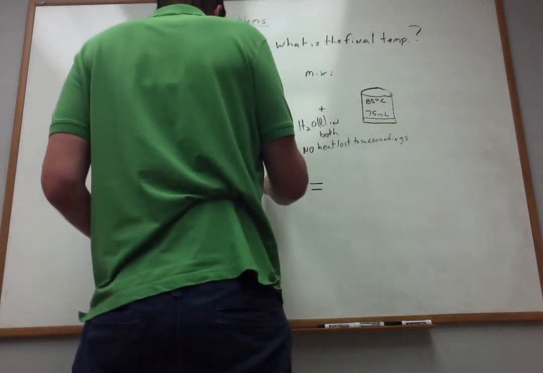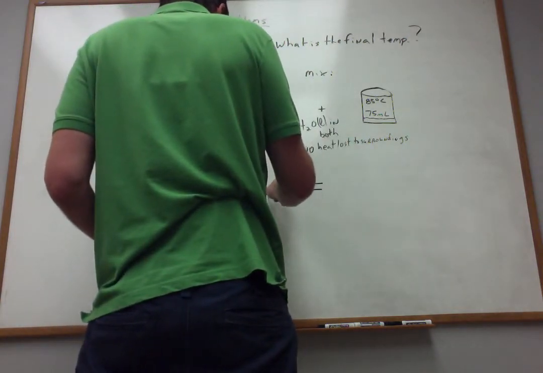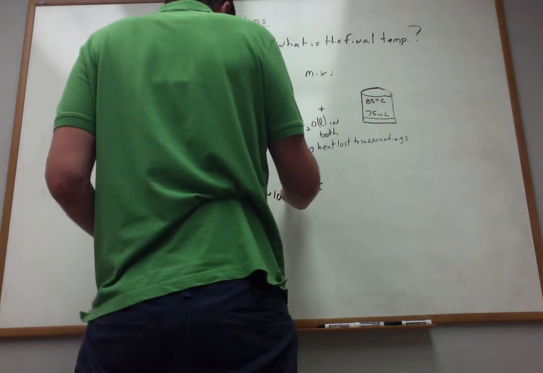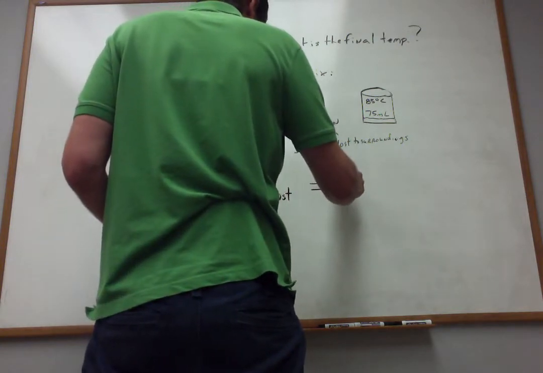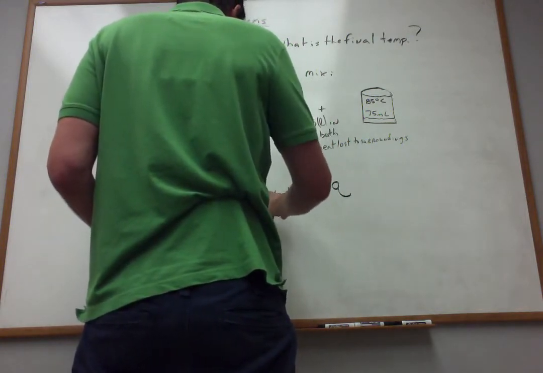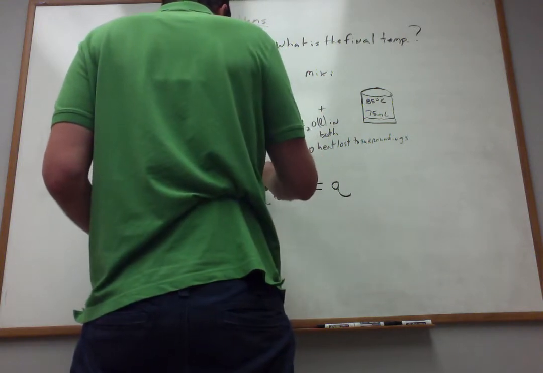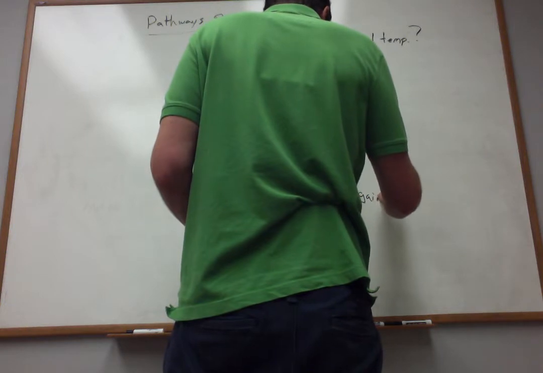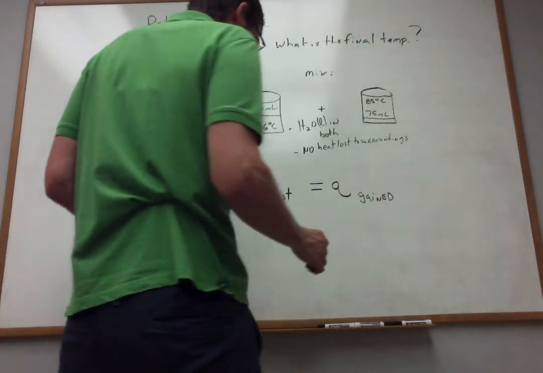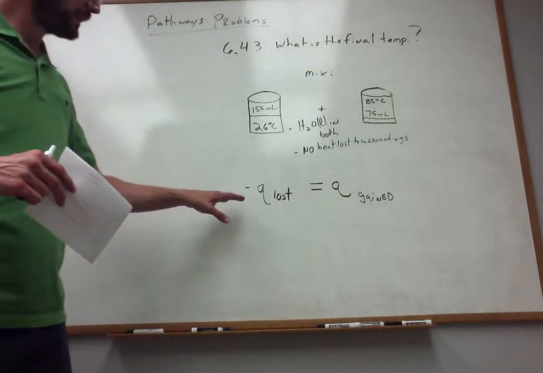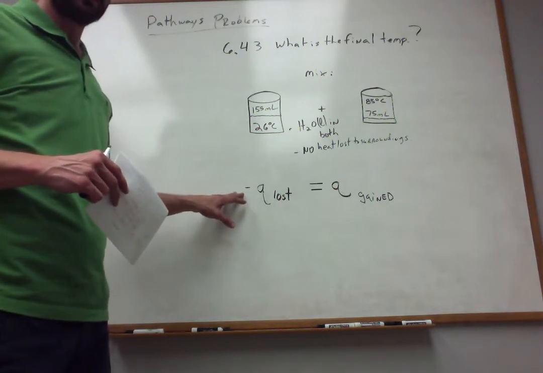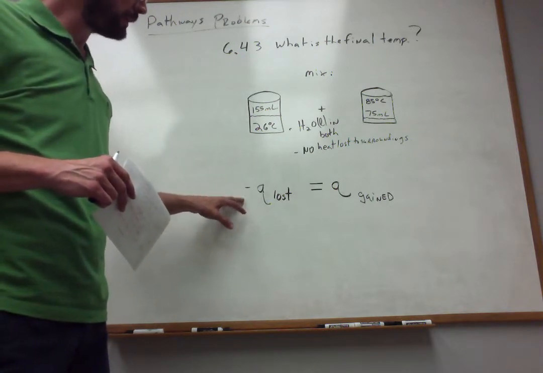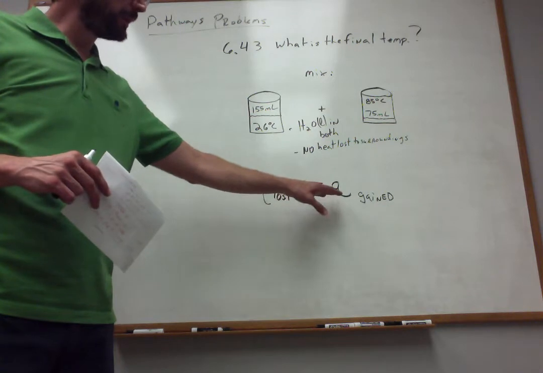And the cool thing about that is what I can do is write a statement such as the one here. Q lost, and I'm going to multiply that by -1 or change the sign, is equal to Q gained.